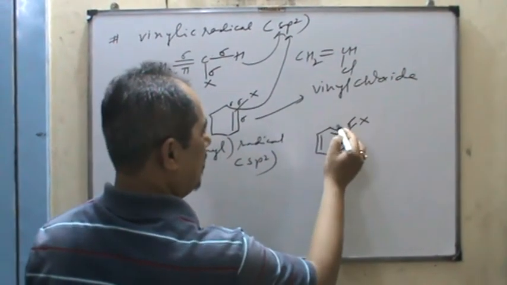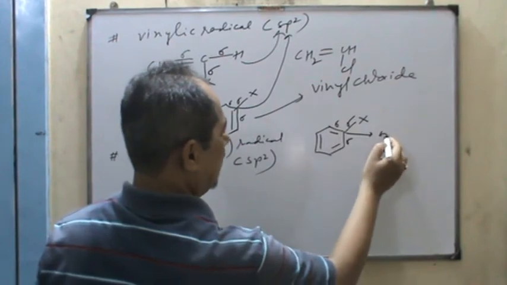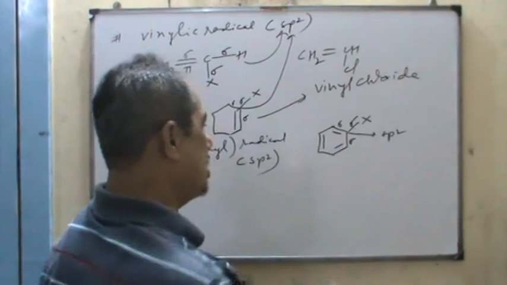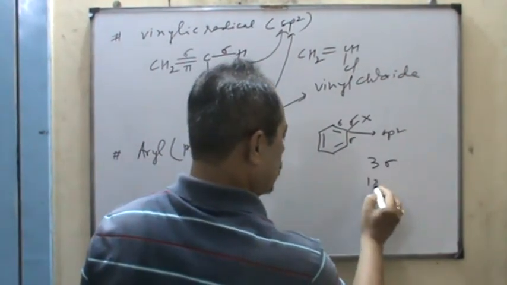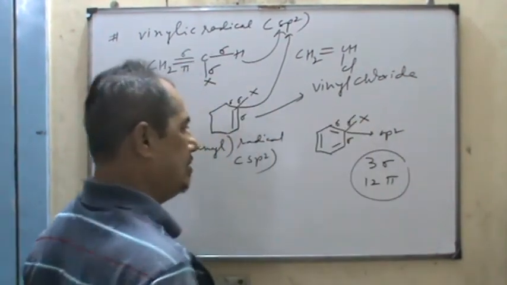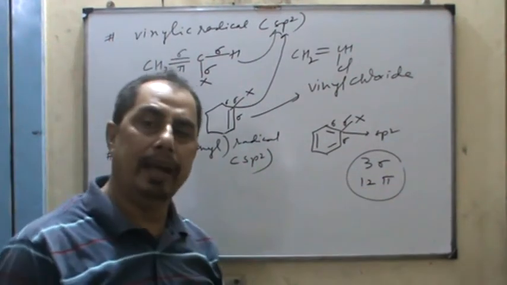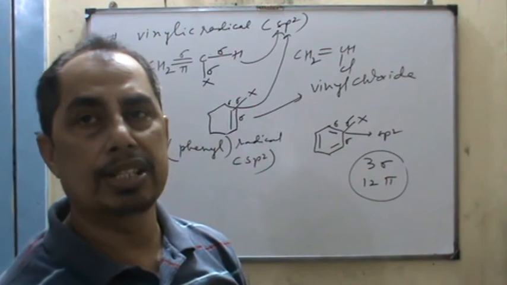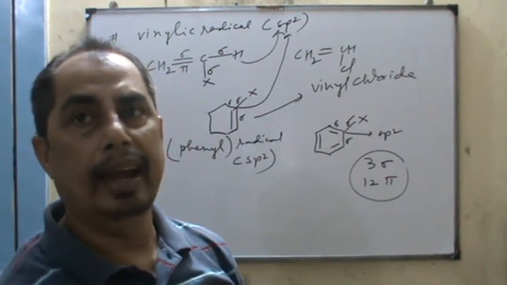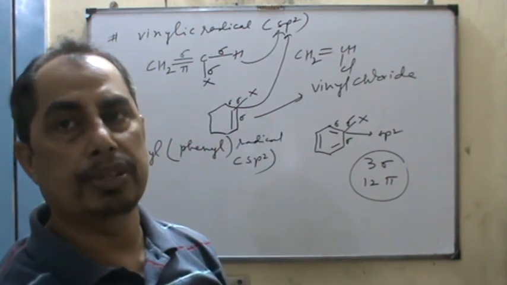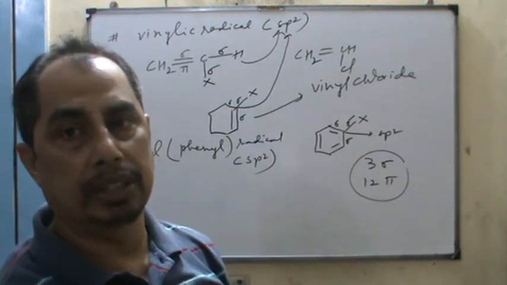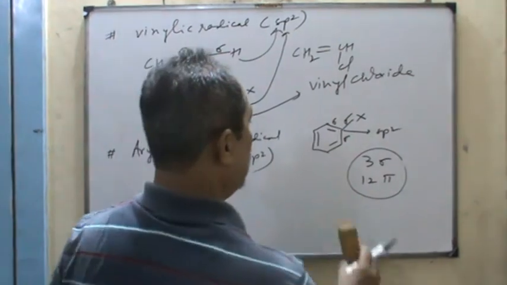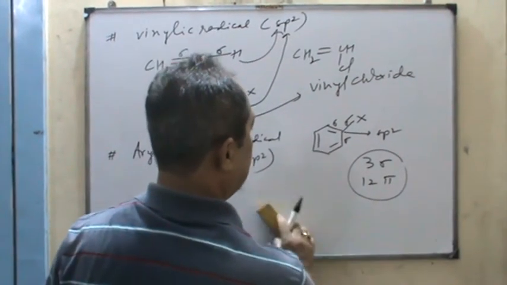You know it very well. Therefore, it is sp2. Sigma, sigma and sigma. In benzene, 3 sigma and 1 pi per carbon. We don't consider the pi for hybridization in an organic molecule. Always you carry the sigma around the carbon: if there are 2 sigma, sp; 3, sp2; 4, sp3. Is it clear? So it is sp2, aryl halide, right?